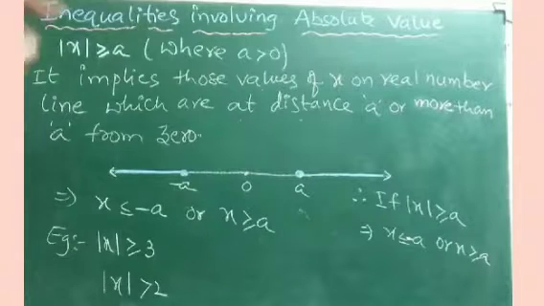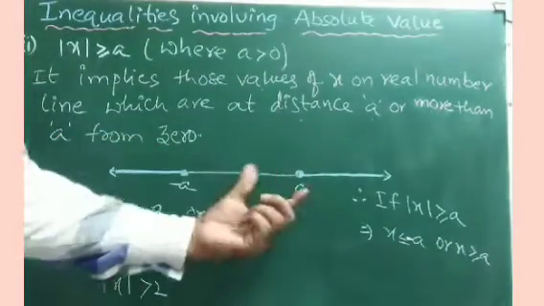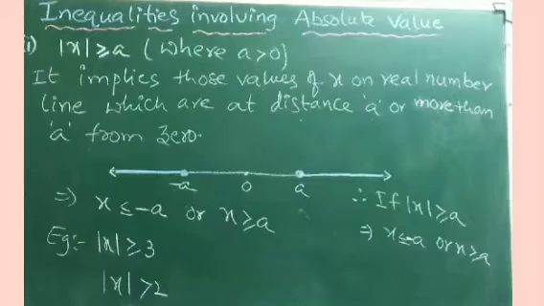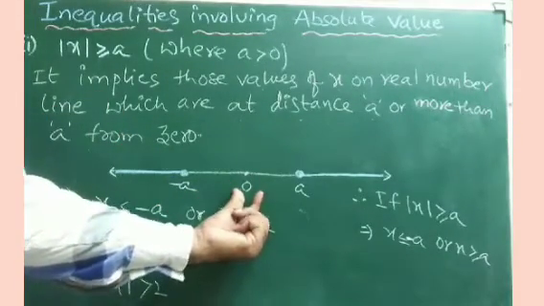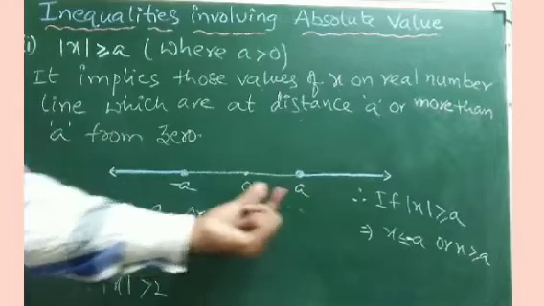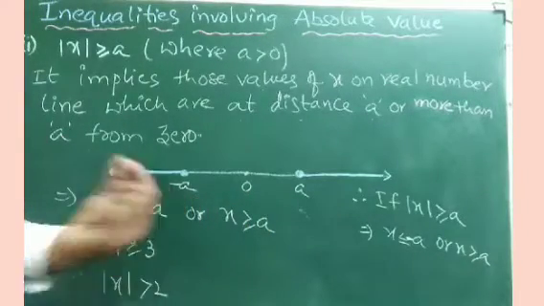Right? All the values of x on the real number line which are at a distance of either a or more than a from the 0. So that's what we can show on the number line. Let it be 0, say this is small a, and this is minus a.